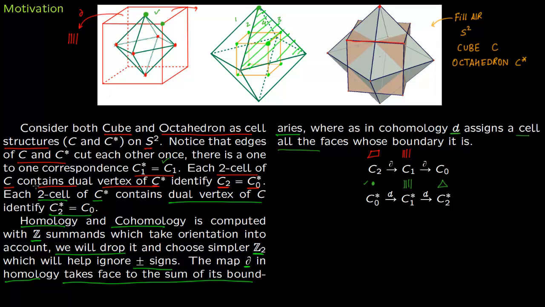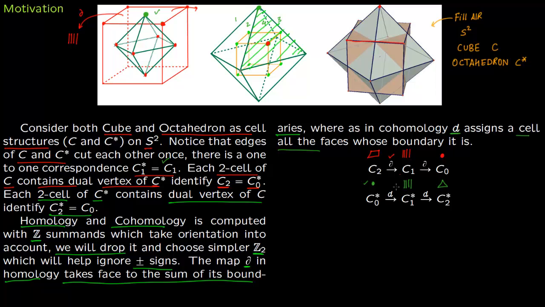So this vertex here for one of the edges is the same as this vertex in the face. So these 4 edges will give you 4 faces and 4 vertices. Similarly here these 4 edges will give you 4 corresponding vertices. I'm just drawing one for the sake of illustration. So there is this one-to-one correspondence.